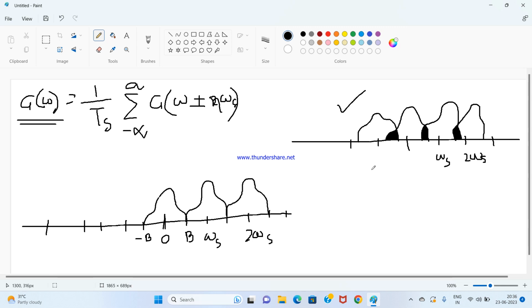So at least the spectrum of the message signal should be just touching each other or be away. Suppose the spectrums are like this.